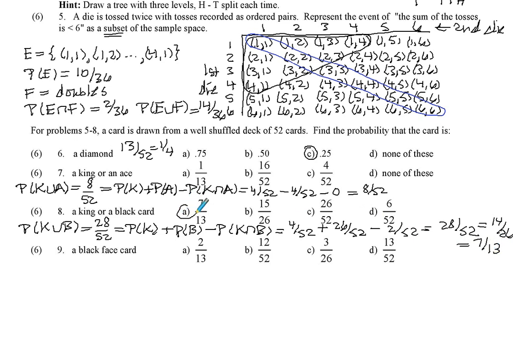Oh, and I forgot to mark up here the 8 out of 52. That would be the same as 4 out of 26 or 2 out of 13. So that's actually going to be in none of these in number 7.